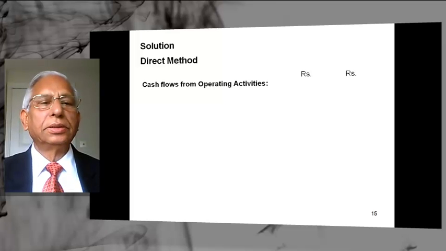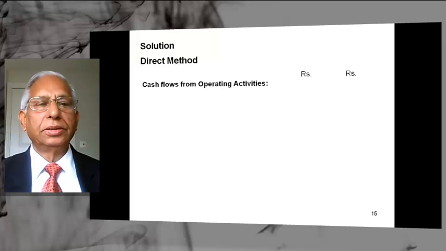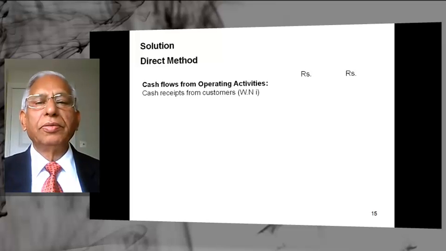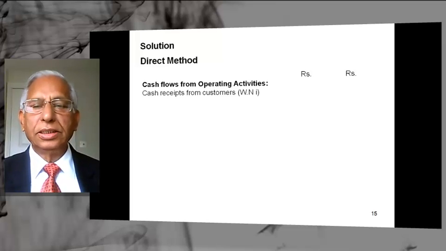First item is the main heading, cash flows from operating activities. Now see the items. Number one item is cash receipts from customers. This is given in working note 1. We will just see after completing this. I will show you how this item has come.